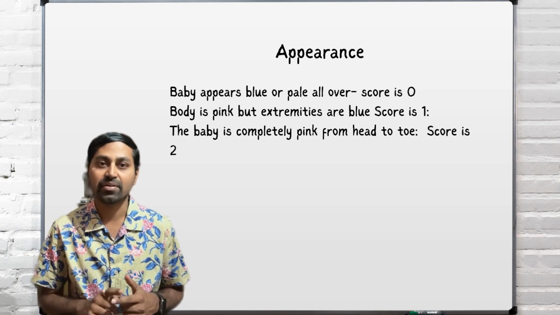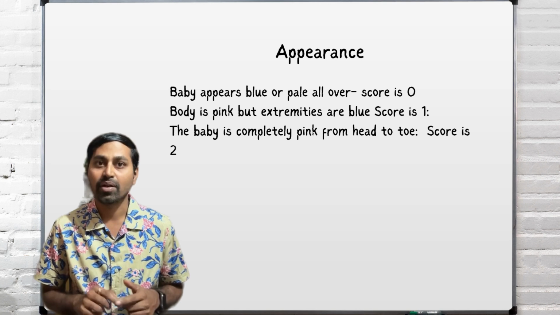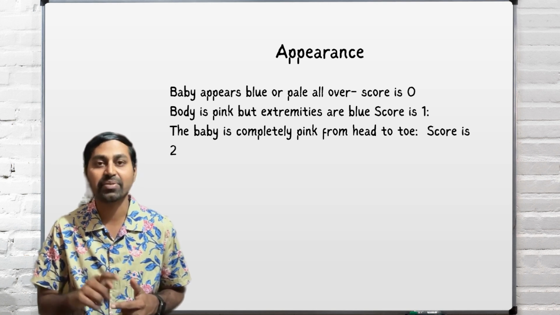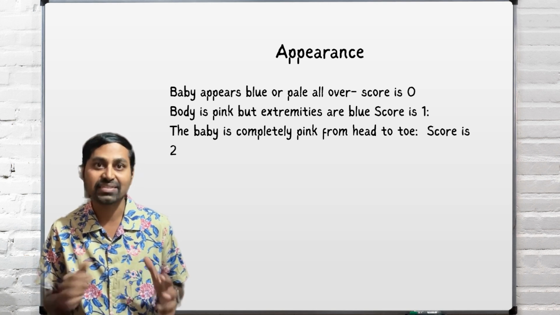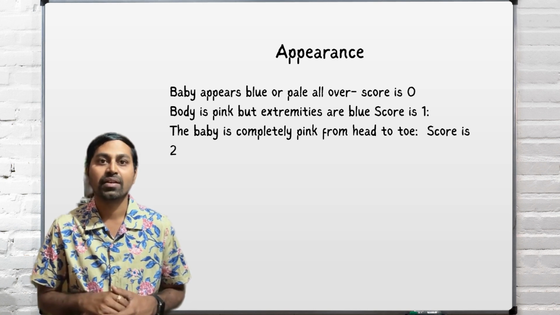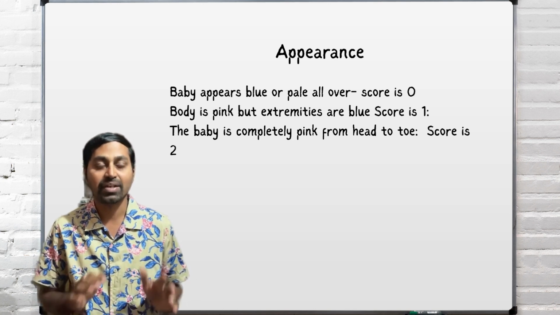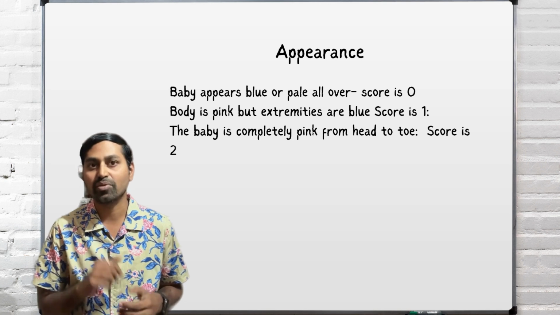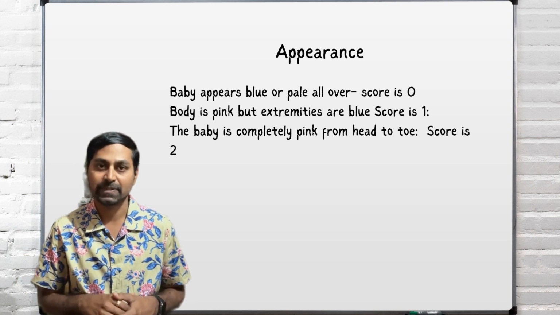If the body is pink but the extremities, including hands and feet, are blue, then the score is 1. If the baby is completely pink from head to toe, then the score is 2.